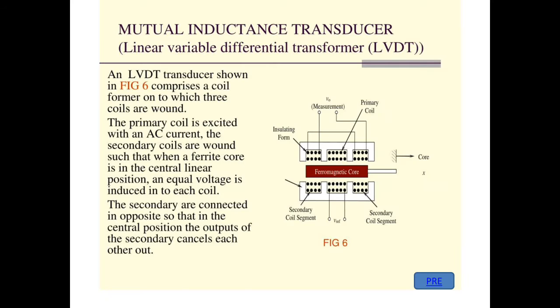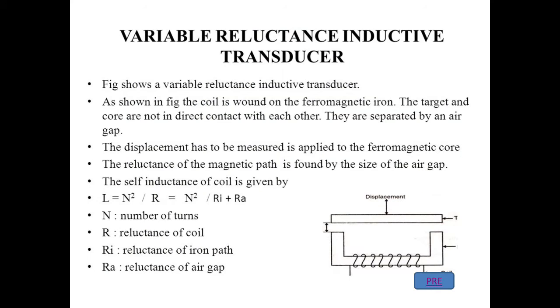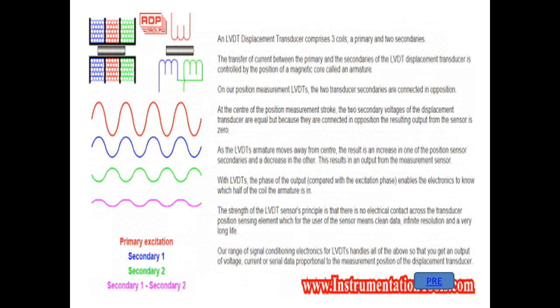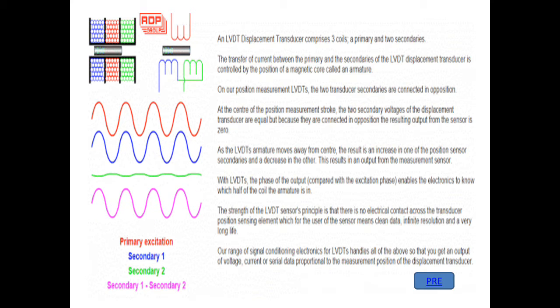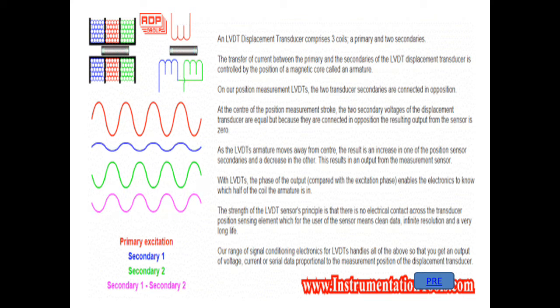And next is your two coil method. In this two coil method, I am going to use two coils. One will be my primary and the other two will be my secondary. I am taking the example of the LVDT. In this LVDT, you can see how my voltage varies when my EMF changes.